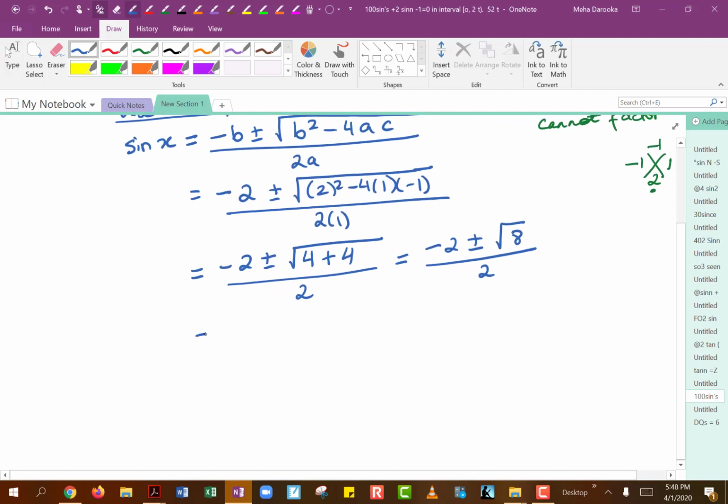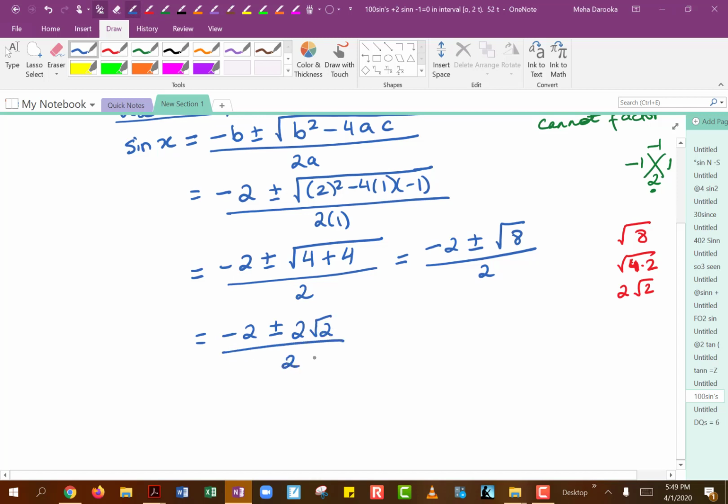You can simplify that square root of 8 by writing 8 as 4 times 2, so square root of 4 will be 2, and that last 2 will continue to stay inside. So we end up getting 2 square root of 2, and the whole thing is divided by 2.